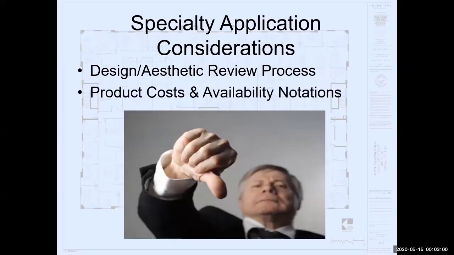Okay, so other specialty considerations might include some notations about what protects your design process. One of the things that we like to suggest is a one, two, or three sentence statement about your design intent.